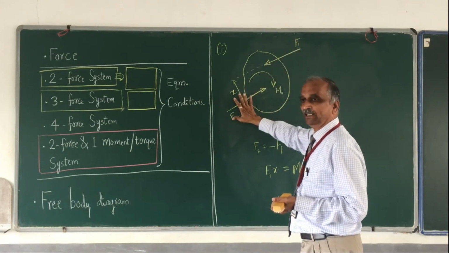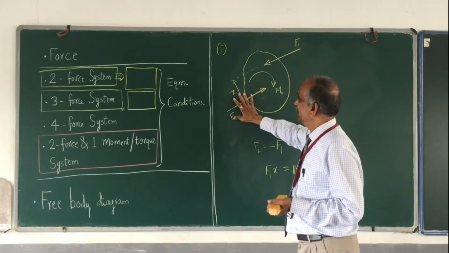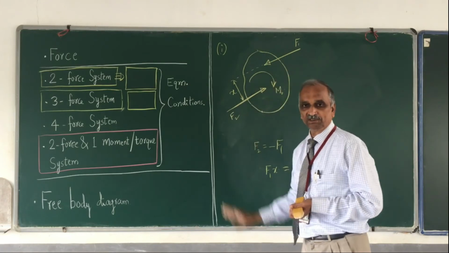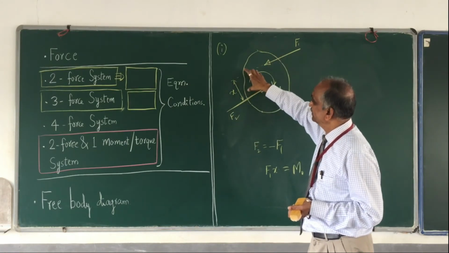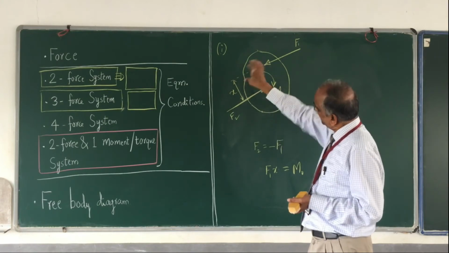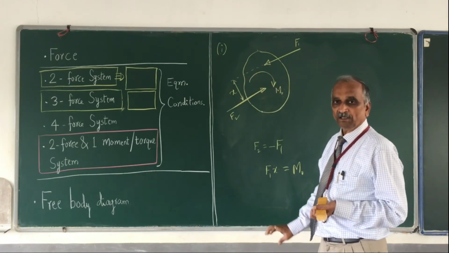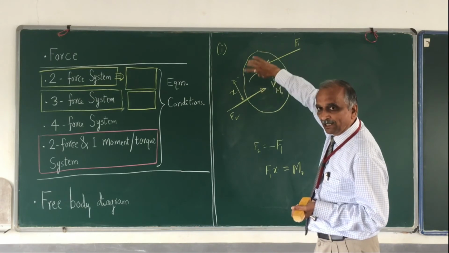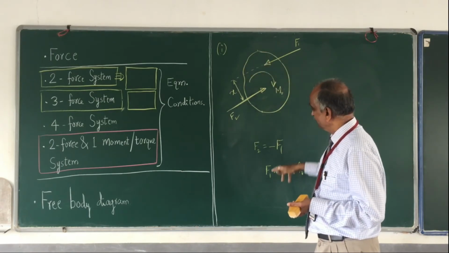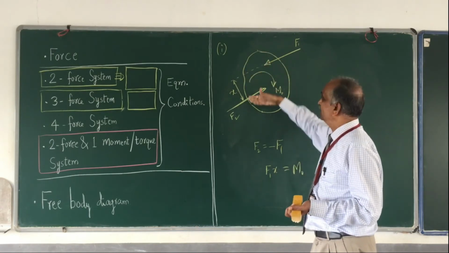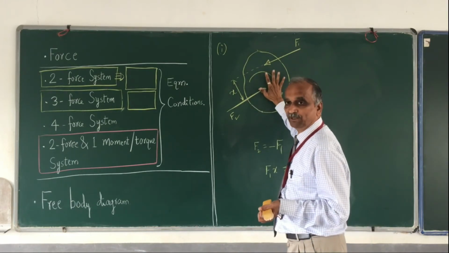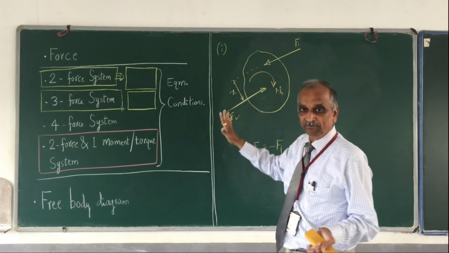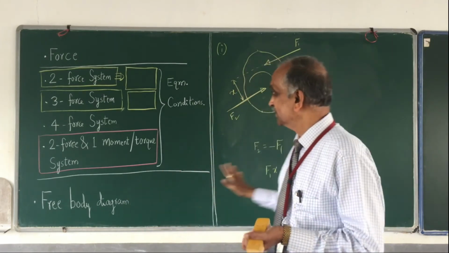F1 is exactly equal and opposite, and therefore the resultant force is 0. F1 and F2 form a couple, F1 multiplied by x, in the anti-clockwise direction, and that is being balanced. I have applied a moment M0, also equal to F1 into x, in the opposite direction, and this will remain in equilibrium.